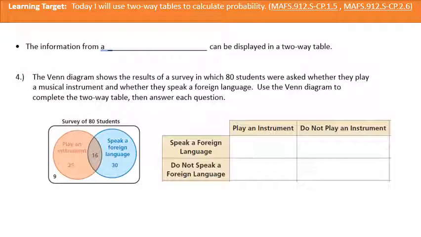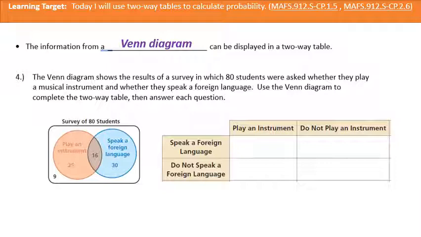Okay, so the information from a Venn diagram can be displayed in a two-way table. So you may have remembered talking about Venn diagrams before, but they show the intersection of data. So if I look here at my Venn diagram, you can see I have 2 circles that represent 2 different things, and those circles are going to overlap, and I can show how many people fall into both of those categories visually in a Venn diagram.